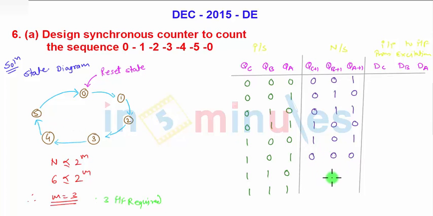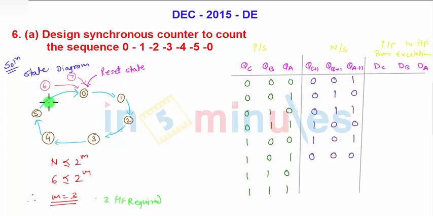Why are we not putting a don't care condition for 6 and 7? Because the counter may enter into lockout conditions. To avoid that, let us design a lockout free case. For state 6 and state 7, which are not used, put the next state as the reset state.